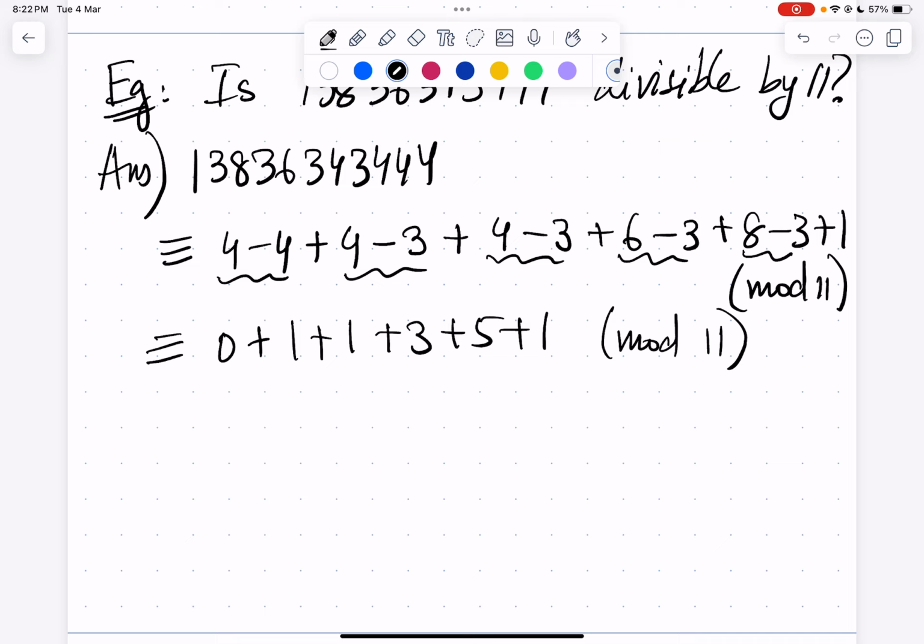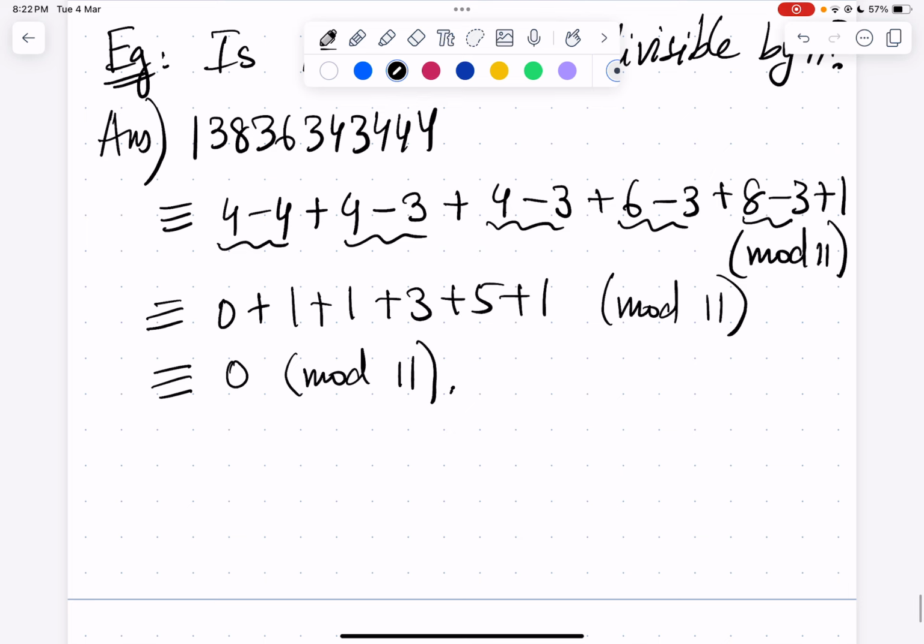We can add those congruences, and we get that this whole alternating sum is congruent to 0 plus 1 plus 1 plus 3 plus 5 plus 1 mod 11. This again is congruent to 5, 6, 7, 8, 9, 10, 11. So this is congruent to 0 mod 11. So we took a chain of congruences and saw that this big integer is congruent to 0 mod 11.